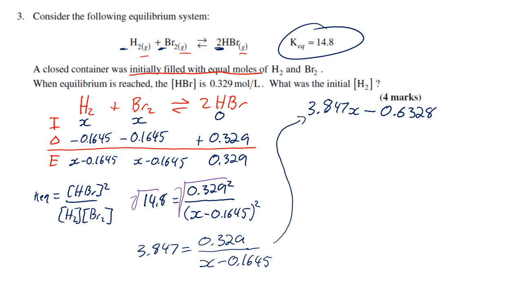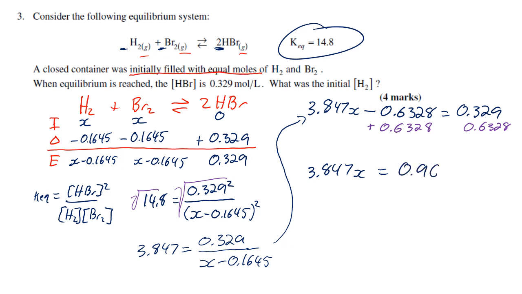And that equals 0.329. Now, I'm going to add 0.6328 to both sides. And I get now 3.847x is now equal to 0.9618.